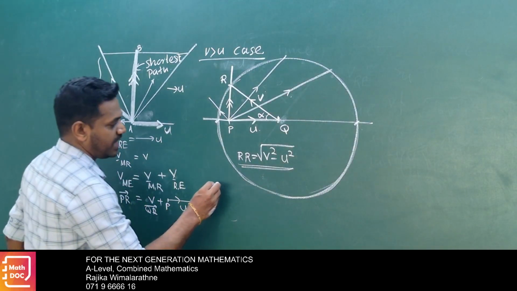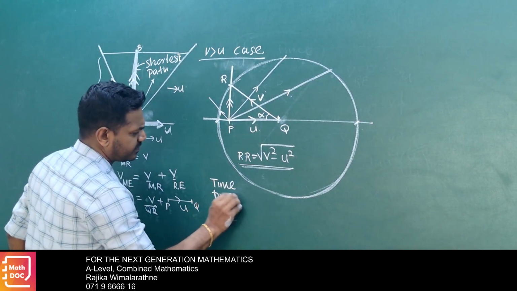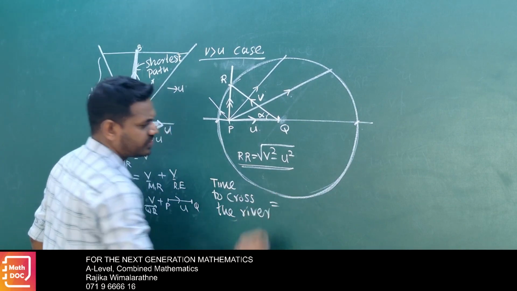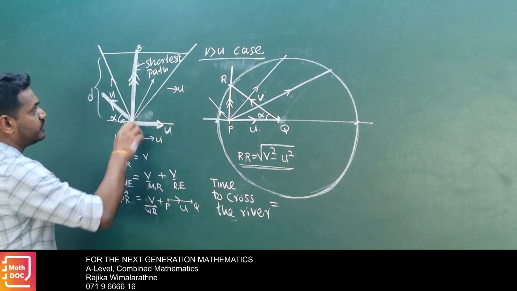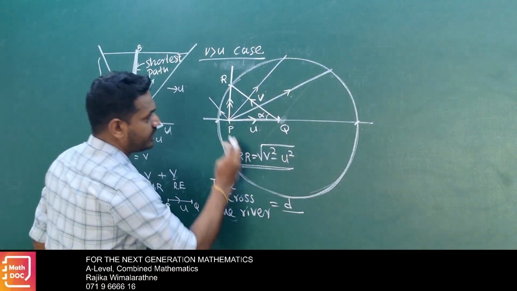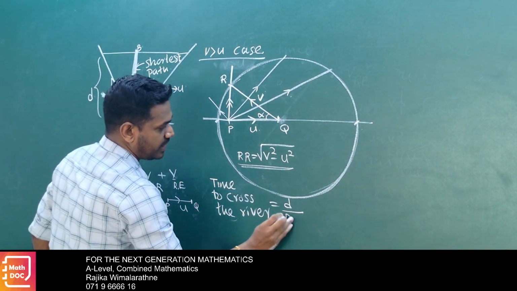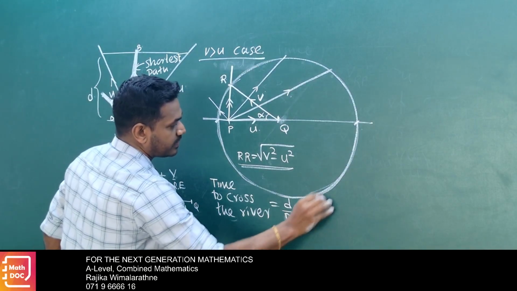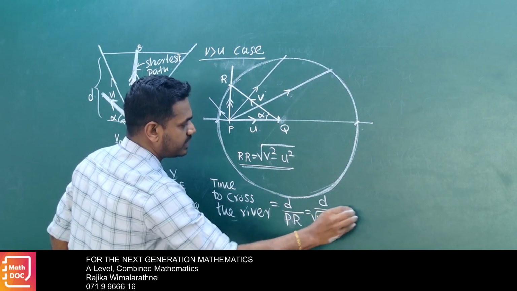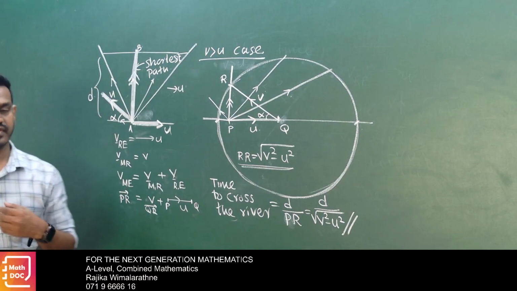Then we can find the time to cross the river. We have to move the displacement d with the resultant velocity PR. So the time is d divided by square root of v square minus u square. That is the time to cross the river. Okay, complete.